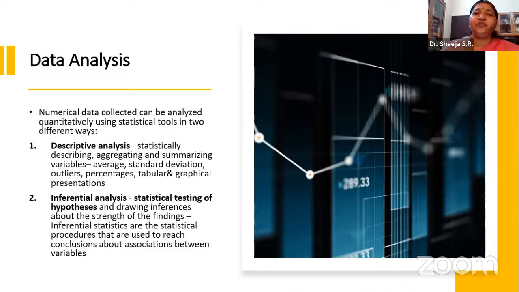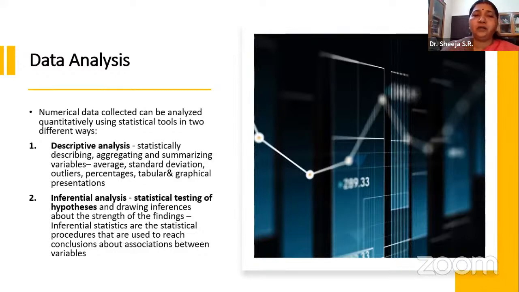In the case of inferential analysis, we always statistically test hypotheses. You might be familiar with different kinds of testing of hypotheses. In inferential analysis, you are drawing inferences about the strength of your findings by carrying out hypothesis testing.